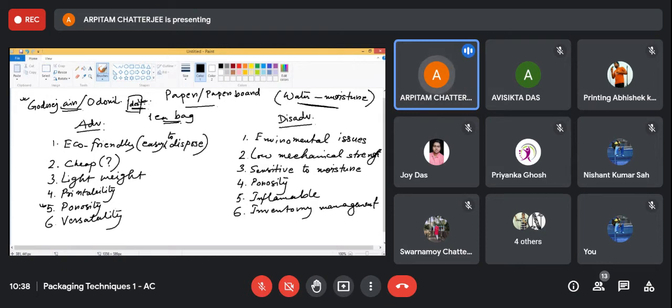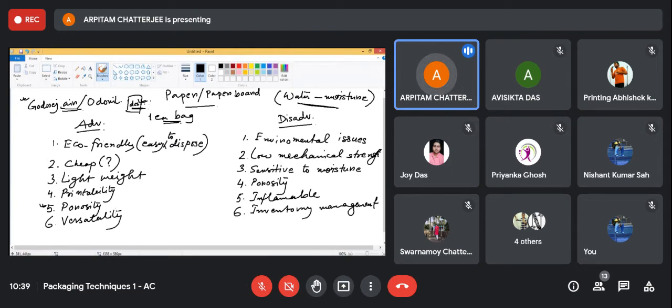You can make different kinds of arrangements. You can just even wrap with paper. So it is quite versatile in terms of nature. Say for example, metal will have either a can or a box. You cannot have any other kind of shapes. But with paper, you can have something like a box, you can have something like a sack, you can have something like a cone kind of thing. So there are so many shapes that you can attain with paper.